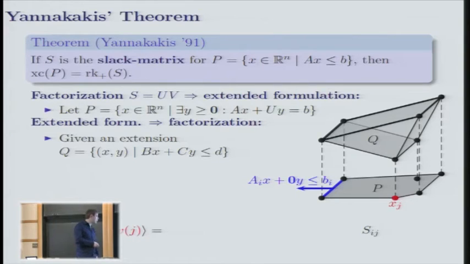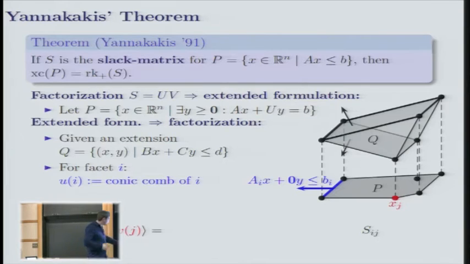Okay. Now, how do you choose those vectors for the vertex and for the facet? Well, you know by LP duality that you can write this facet-defining inequality as a conic combination of inequalities of your higher dimensional polytope Q. And we take the vector, the U vector, as the vector of the conic combinations that you need.